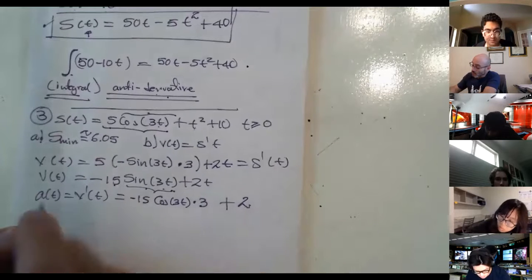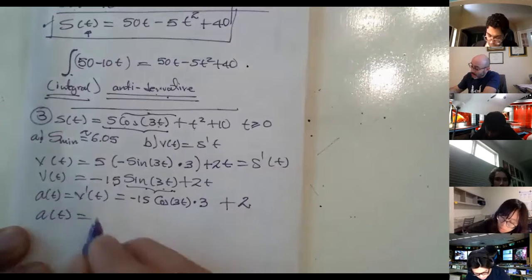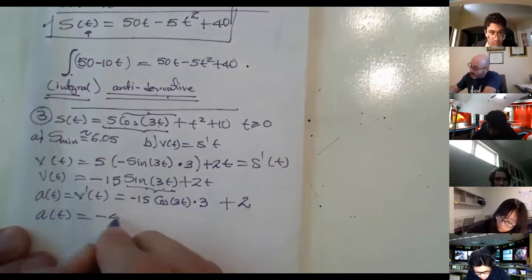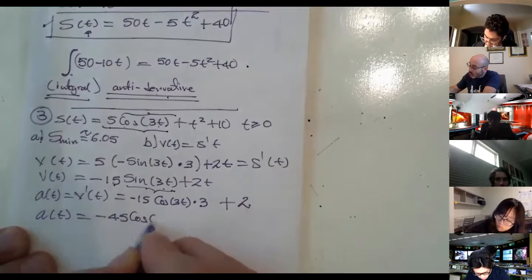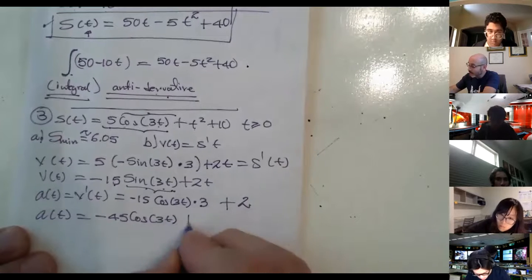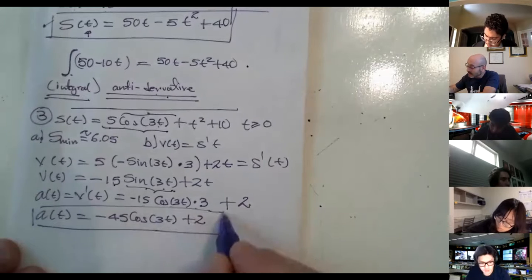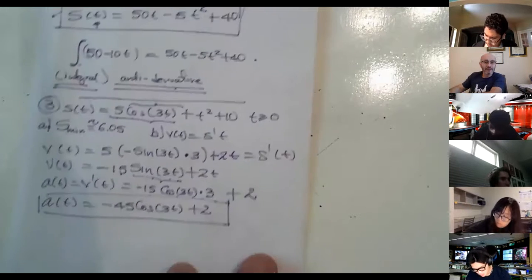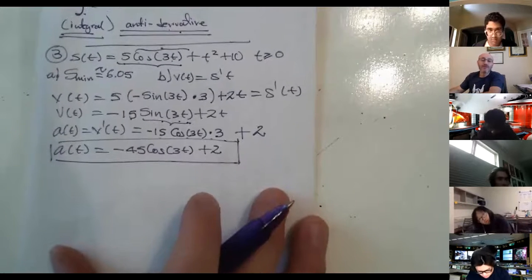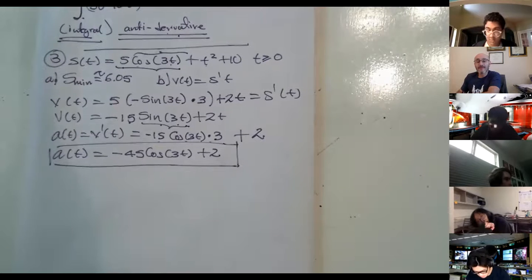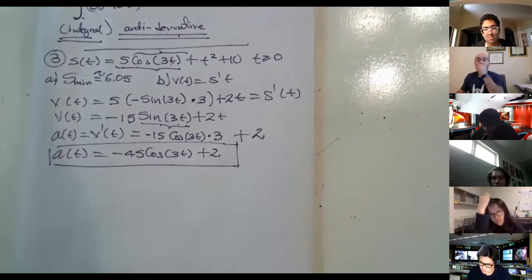So the acceleration becomes negative 45 cosine of 3t plus 2. That's the second derivative, the acceleration. Now, questions? We're good?